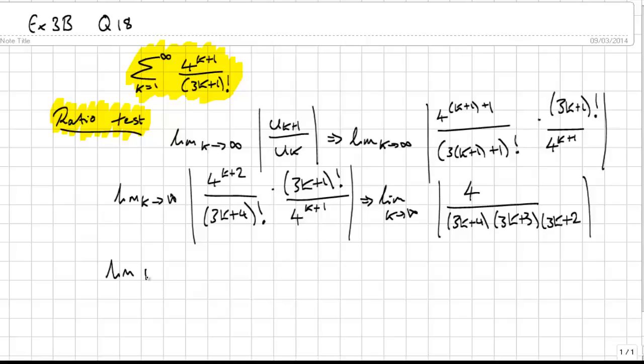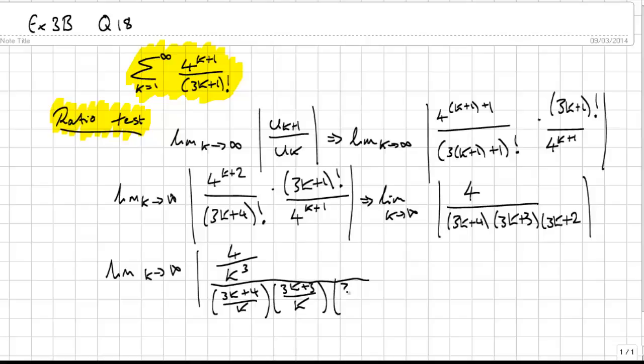Right, I think the next job is to divide throughout, so let's do that next. And I think this time we'll divide throughout by k cubed. So on the top 4 over k cubed, and then on the bottom we're essentially going to consider 3k plus 4 over k, 3k plus 3 over k, 3k plus 2 over k.